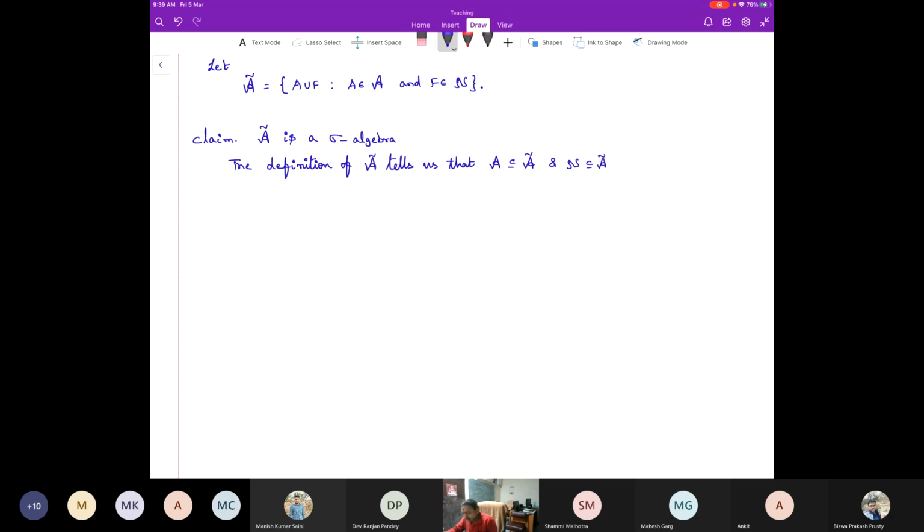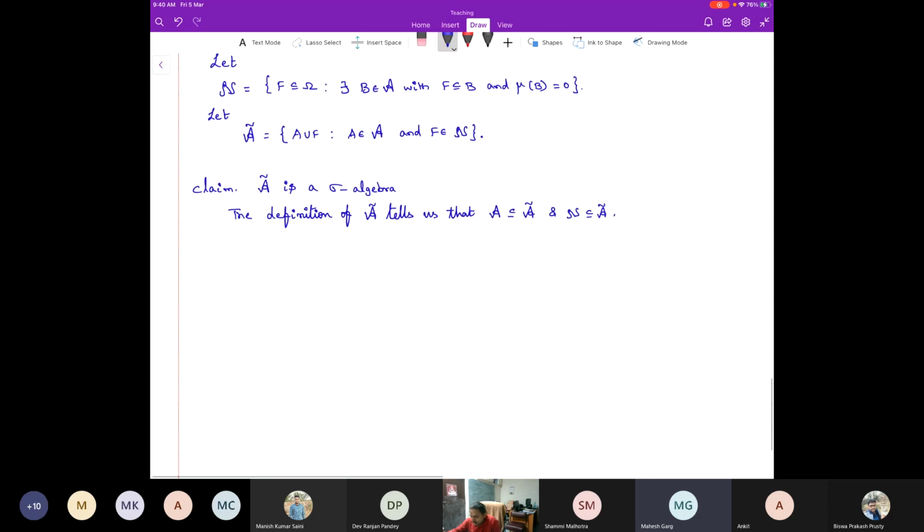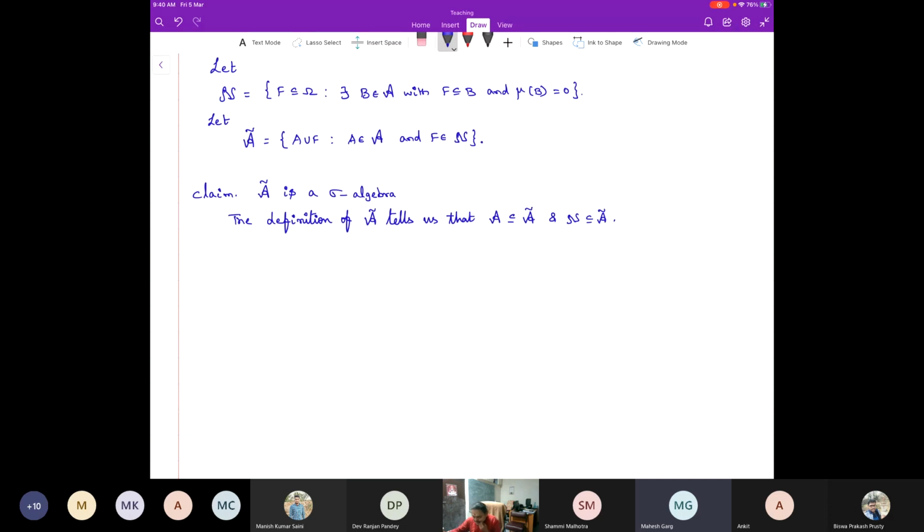How does this follow from the definition? From the way we constructed it, A tilde consists of unions of sets from capital A and capital N. Given a set A, how do you show that it is in A tilde?